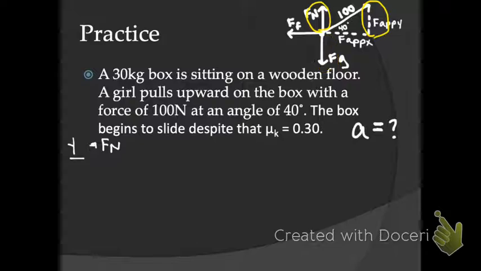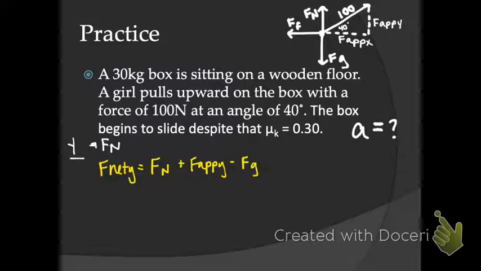When I set my net force equation in the vertical direction, F net in the y direction, what force is going upward? F normal. What other force is going upward? Force applied. Yep, F applied. And what force is going downward? Gravity. Yeah, good. Okay, do we see where those came from?